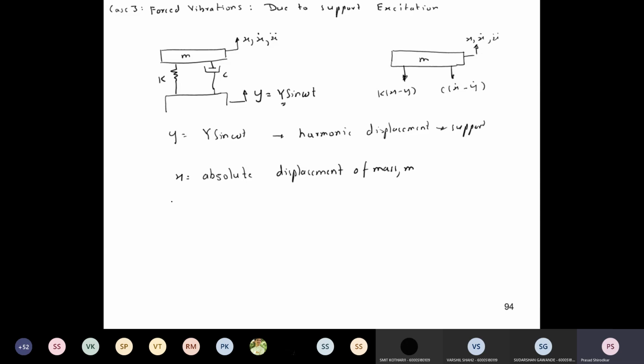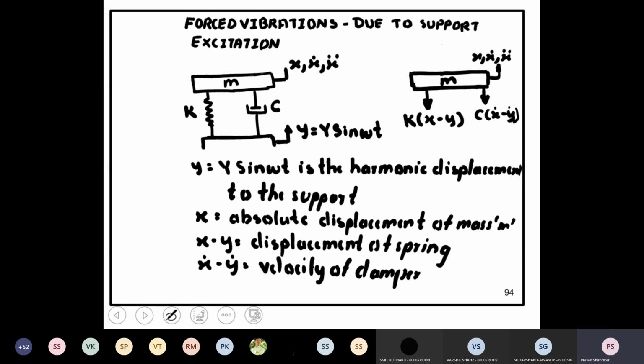Okay. So x minus y is the displacement in spring, and x dot minus y dot is the velocity of damper. Alright, and that is how we got these forces k times x minus y and c times x dot minus y dot. Just to summarize what we have done.